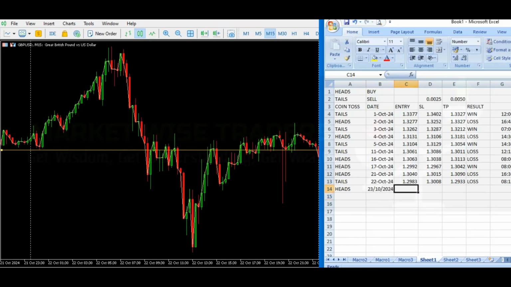Price is at 129.79, right? Heads means buy, so stop loss is below and take profit is above.